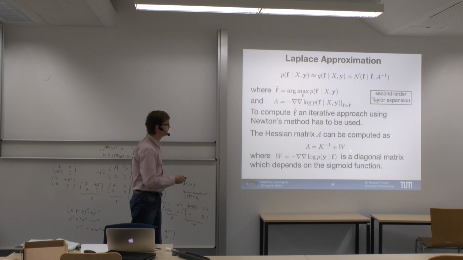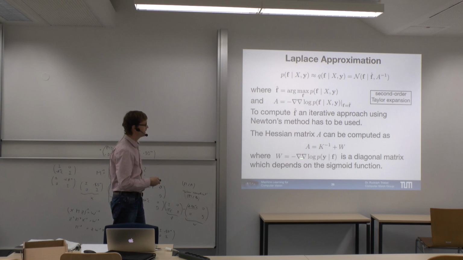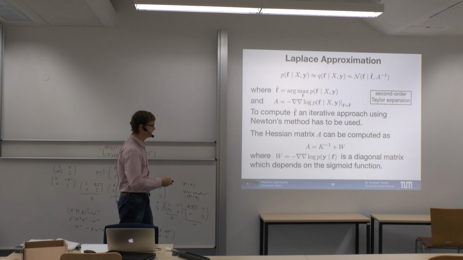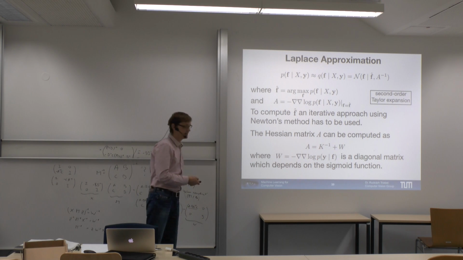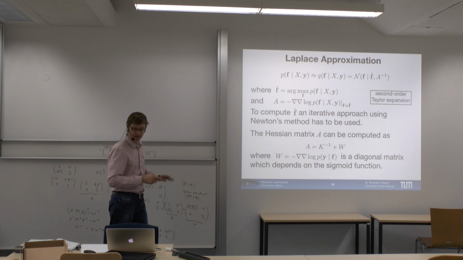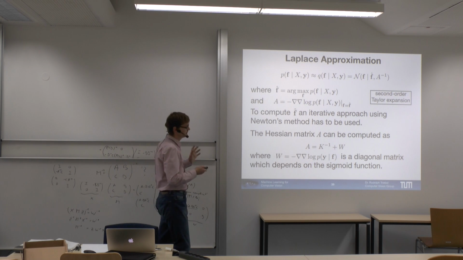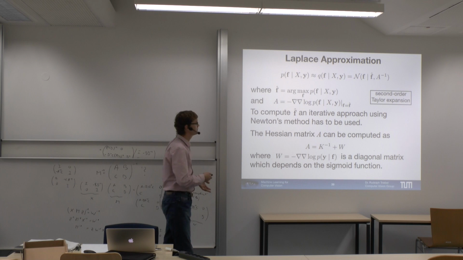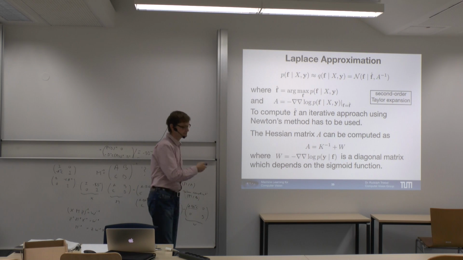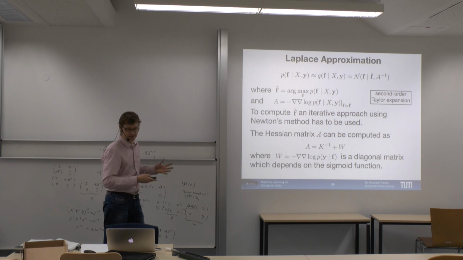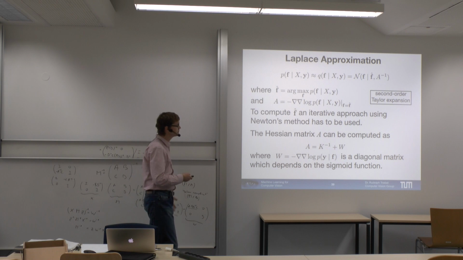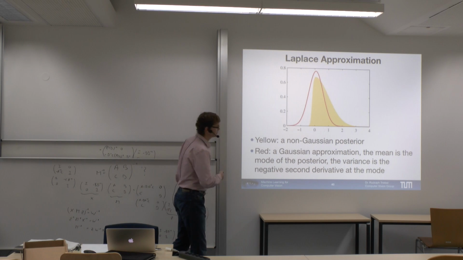The Hessian matrix can be computed as this here, and this W here is a diagonal matrix. Again, I'm not going into the details. This is just the rough idea, right? It's a very common way of approximating this distribution, whatever it is, with a Gaussian distribution.